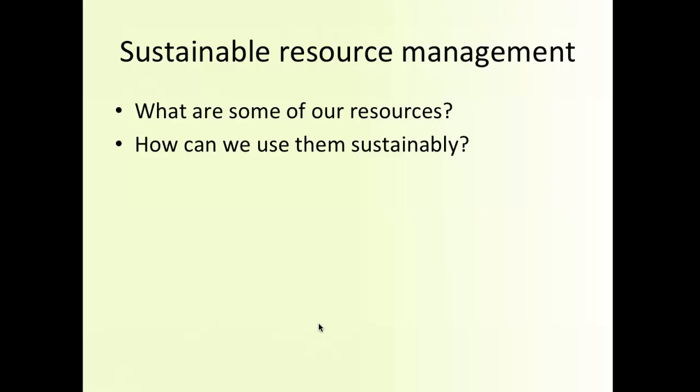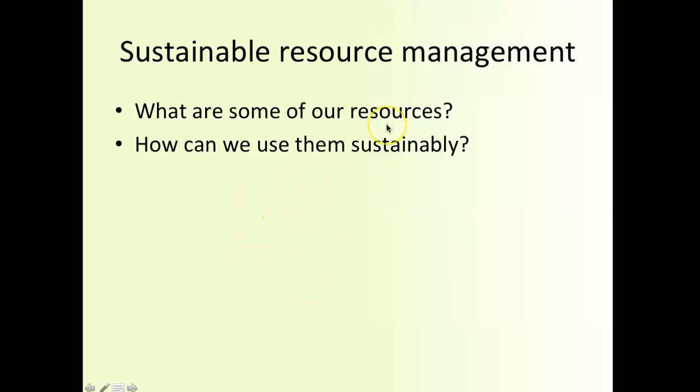These are some of the questions that scientists and ecologists are working on: what's the best way to use resources in a sustainable way, where we can use what we need, but also make sure that we're not damaging the resource, so that future generations can also have that resource? We're not taking it away, we're replacing what we use.